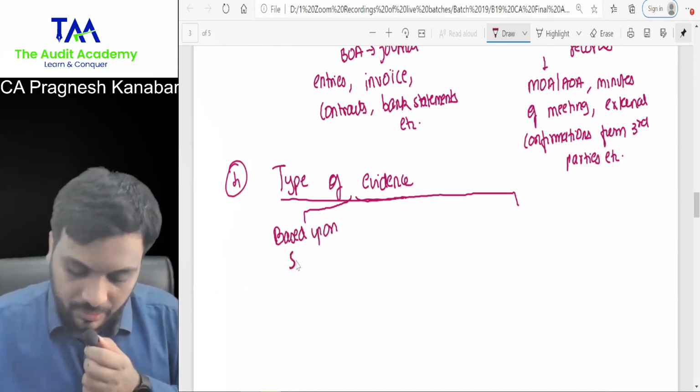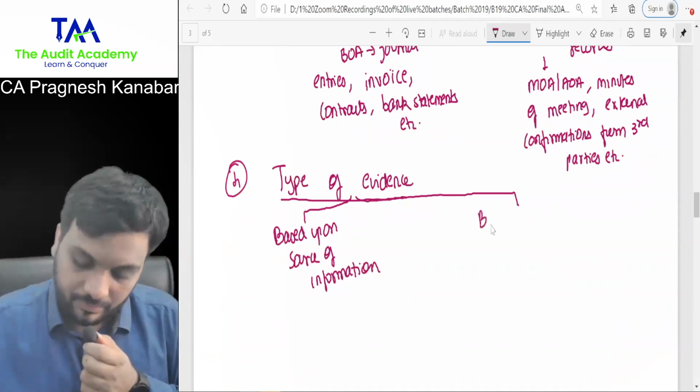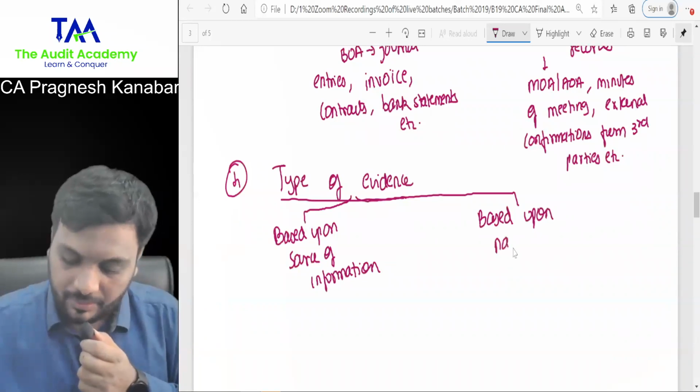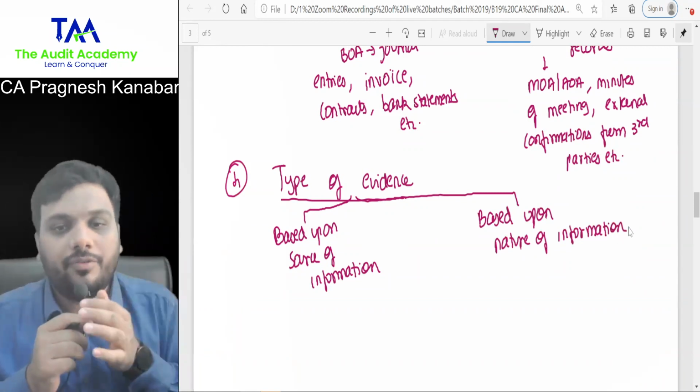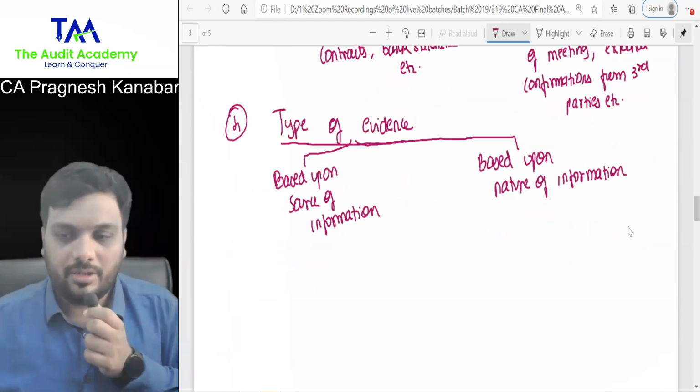Based upon the source of information and based upon the nature of information.